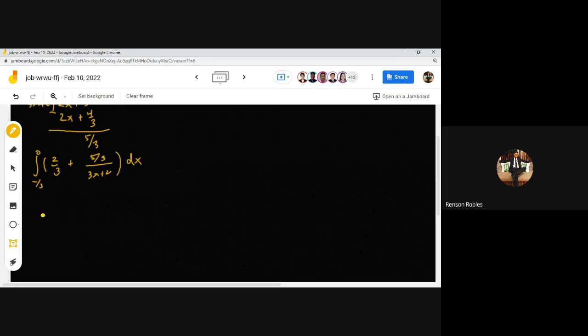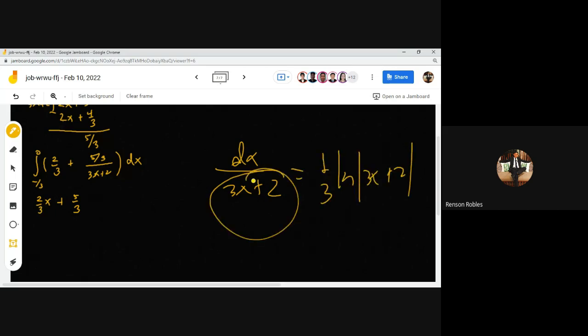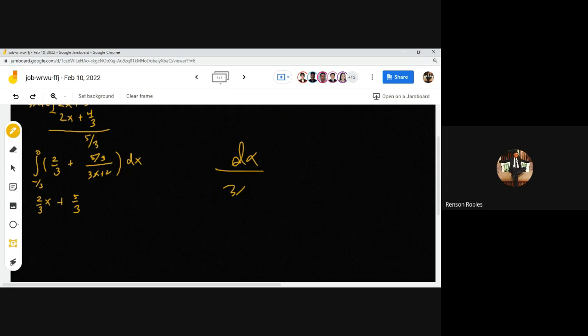And then integrating, you have 2/3 x plus 5/3. And since this is 3x plus 2, dx over 3x plus 2, right? The integral of this is 1/3 ln of 3x plus 2 because the derivative of this can be found on the numerator except the 3. Okay? It's 1/3 ln of 3x plus 2 evaluated from negative 1/3 to 0.